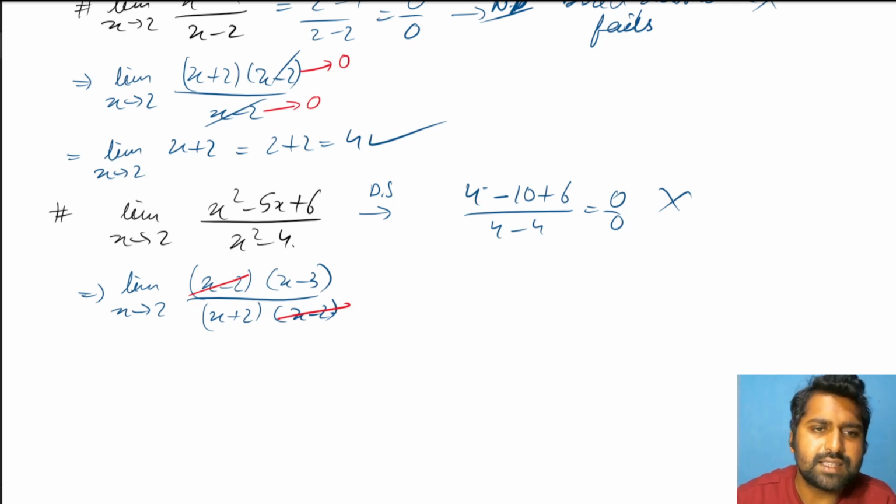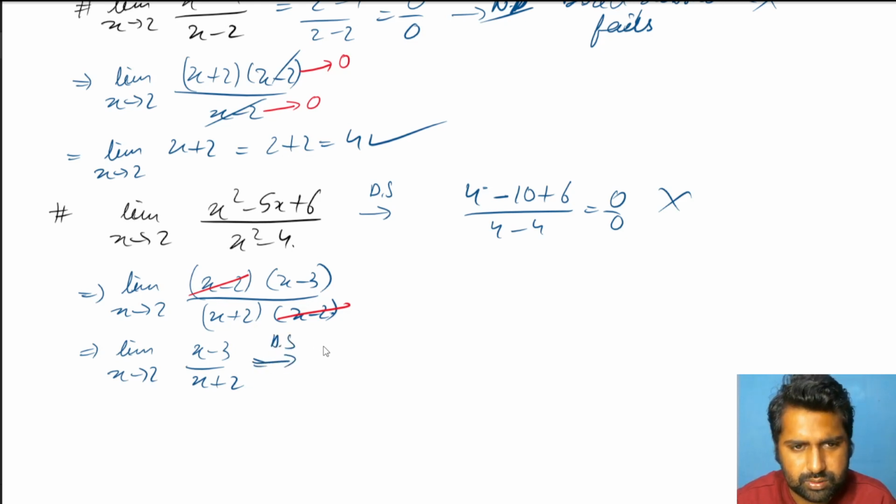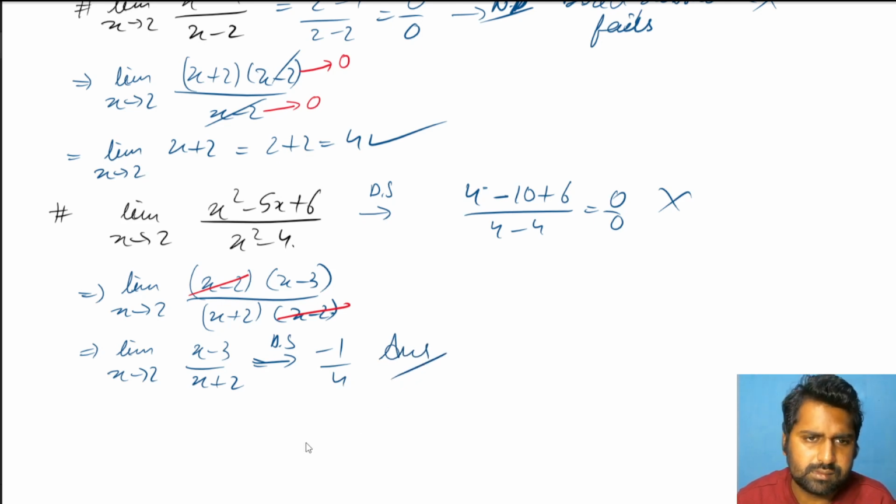The moment we cancel this, you can put x as 2 and it will give you a defined value. x minus 3 upon x plus 2. Use direct substitution now. So 2 minus 3 is minus 1 upon 2 plus 2, 4. Minus 1 by 4. That's our answer.